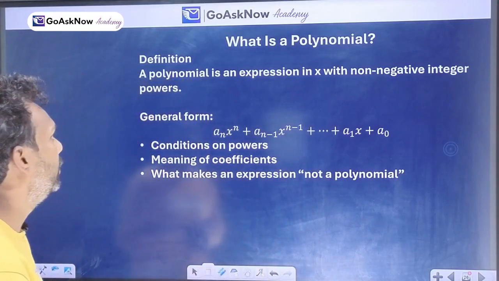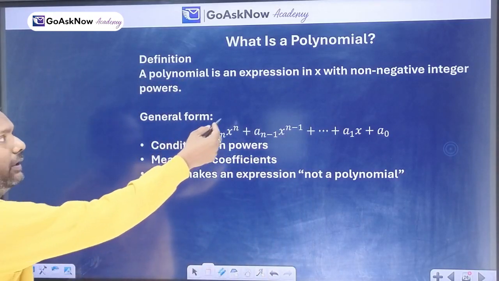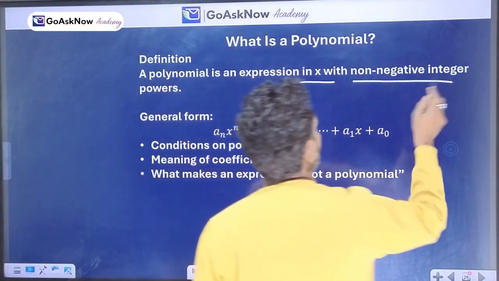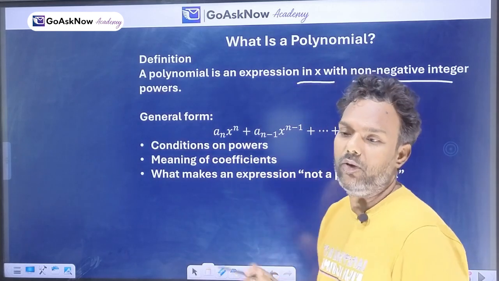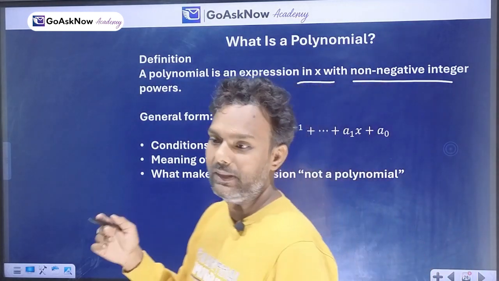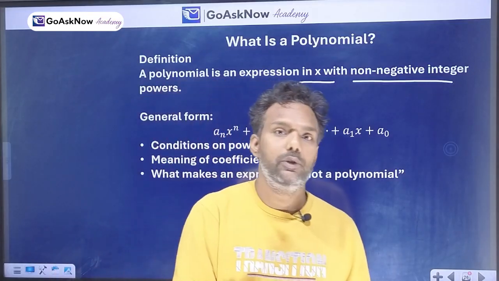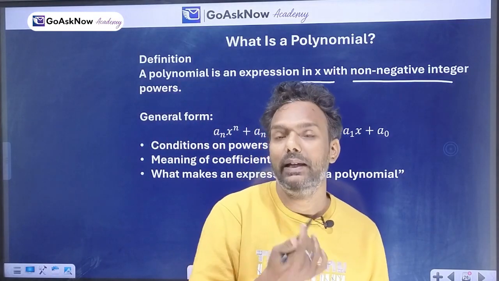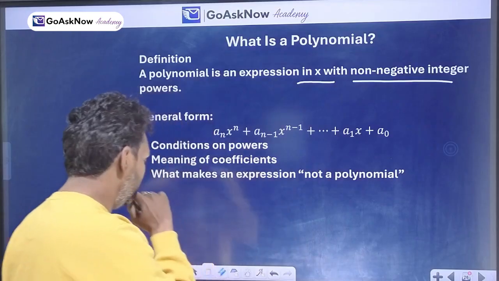So what is a polynomial? A polynomial is an expression in x with non-negative integer powers, or we can say powers of whole numbers only. In previous classes, we have studied what a natural number is, what a whole number is, what an integer is.